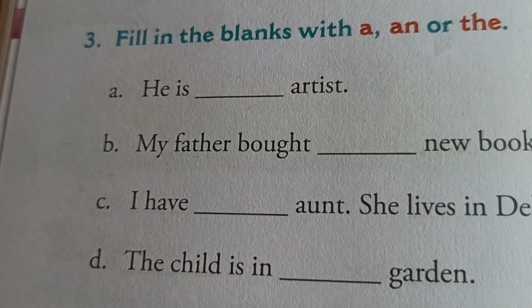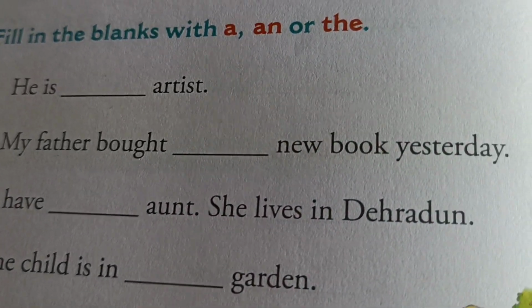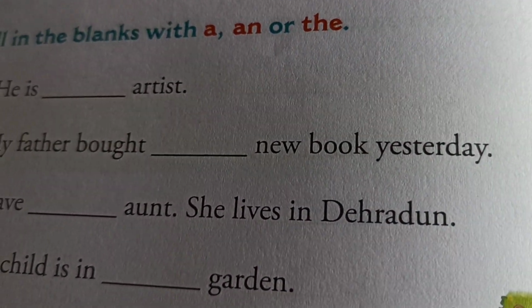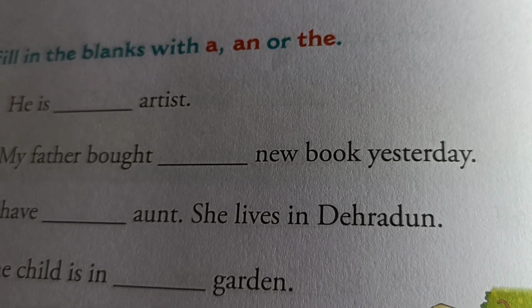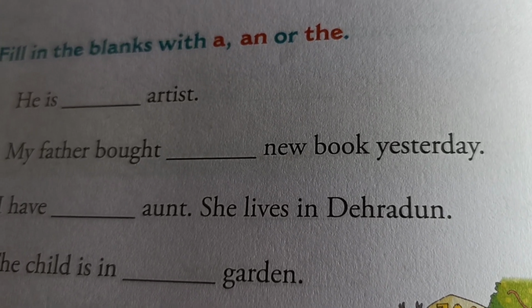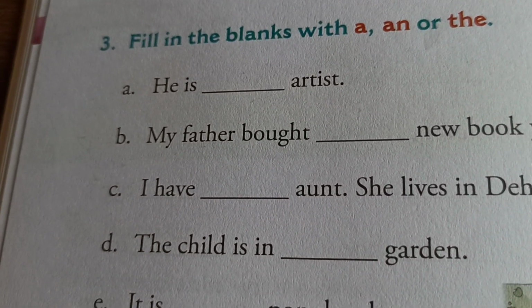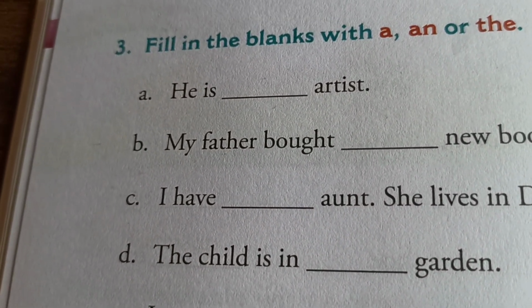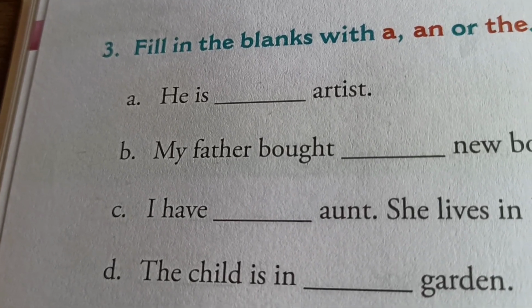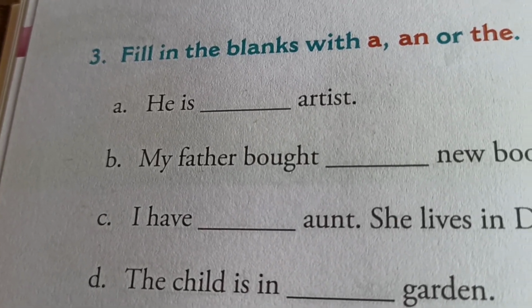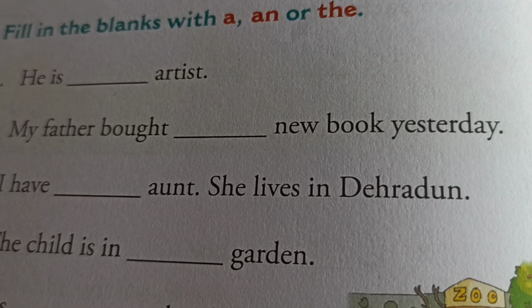I have an aunt. And see here, more information is given about the aunt: she lives in Dehradun, so we write "the" here. We have the aunt, she lives in Dehradun.